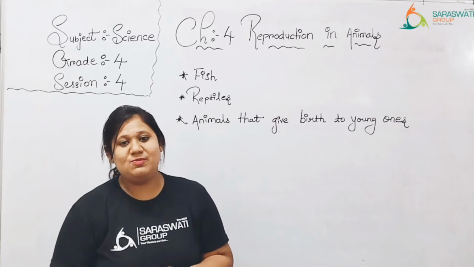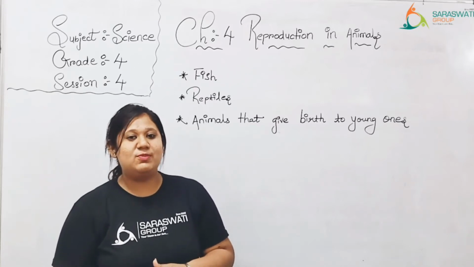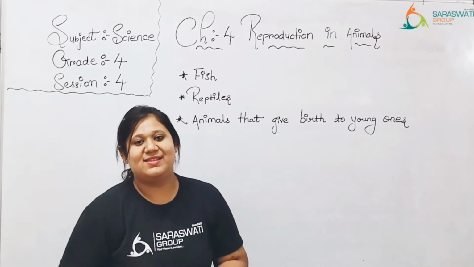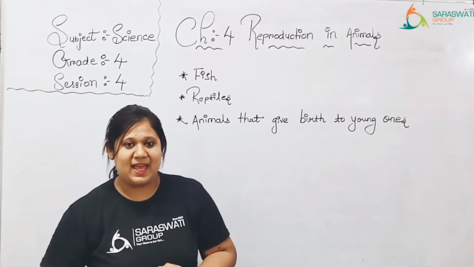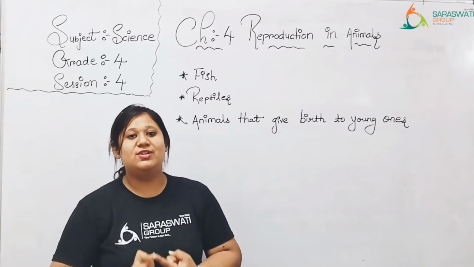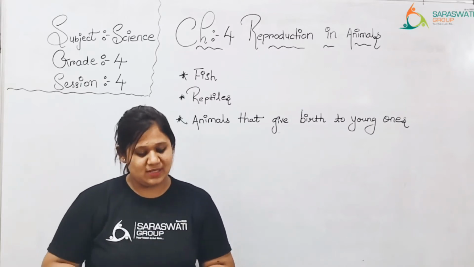There are how many types of methods to reproduce? Yes, there are 2 methods. One is by laying eggs and another one is to give direct birth to their young ones, right?